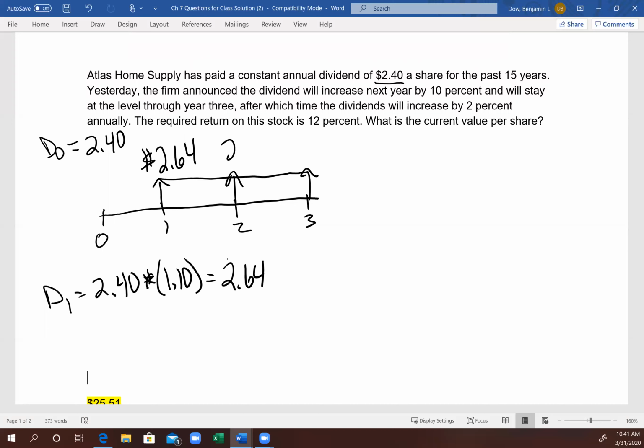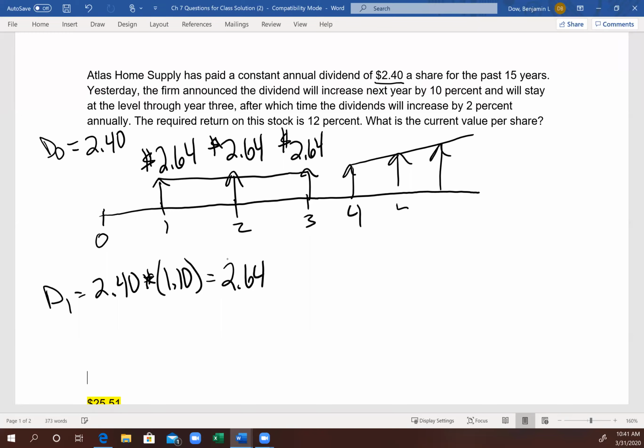Stay there for the next 3 years, after which time the dividends will increase by 2% annually. So now we have constant growth, but here this was level growth, but it wasn't perpetual. It was just for the next couple of years.